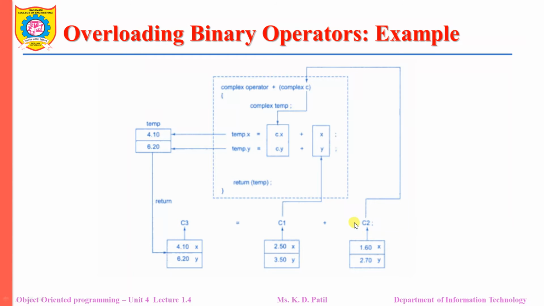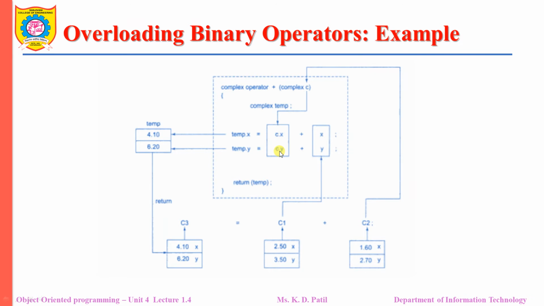That means whatever values for C2 I pass will be passed as an argument, and through that argument the values of the object C2 will be given to the equation, which is going to perform the addition of two numbers.